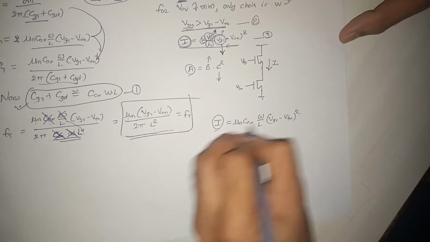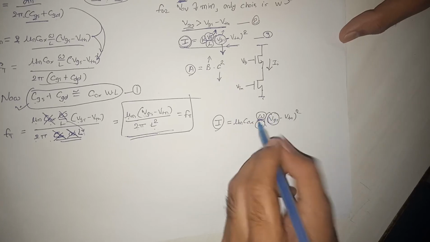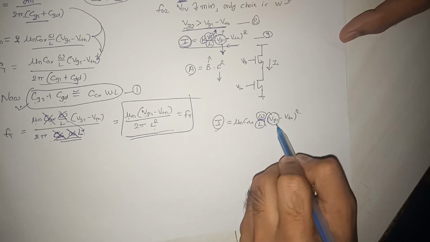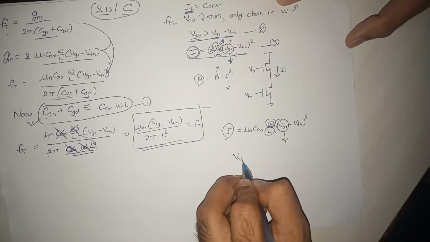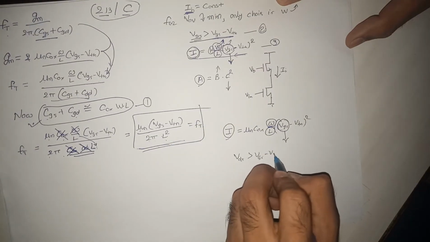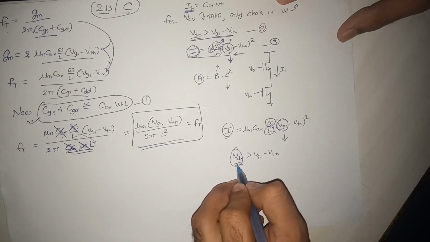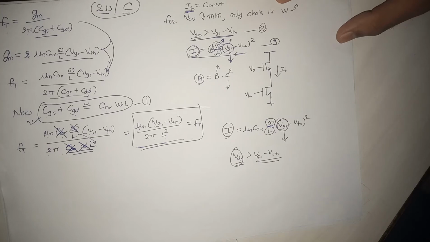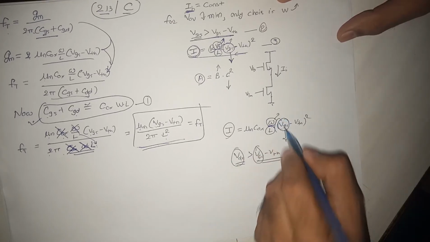This is constant. You have 3 degrees of freedom, that is W, L and VGS. If you want VGS less, why? Because VDS should be greater than VGS minus VTH to maintain the saturation condition. But if VGS minus VTH itself is low, that is VGS is low, then what we need to do, we need to raise the W.